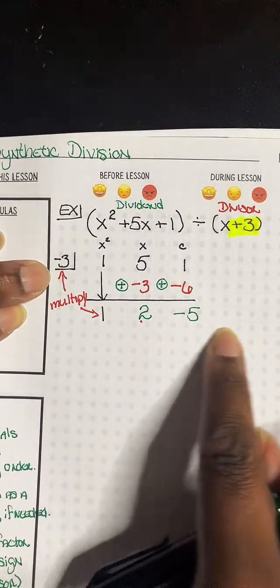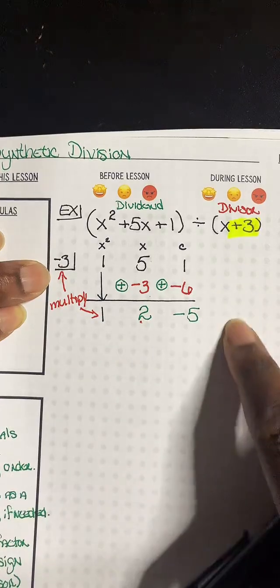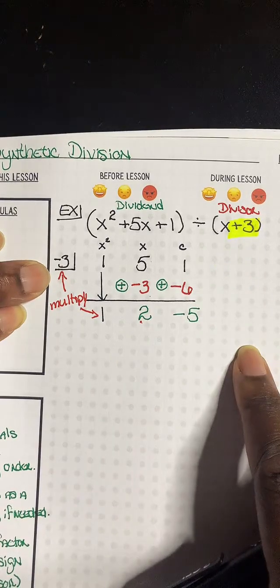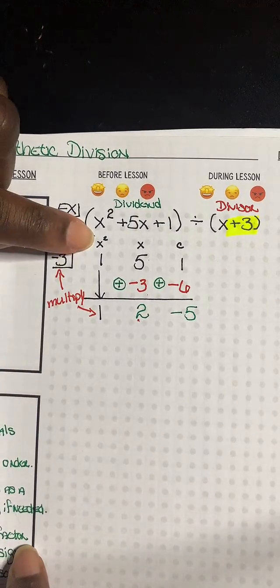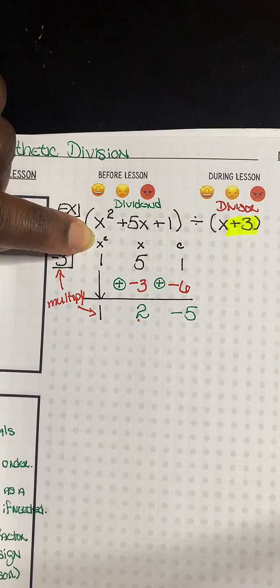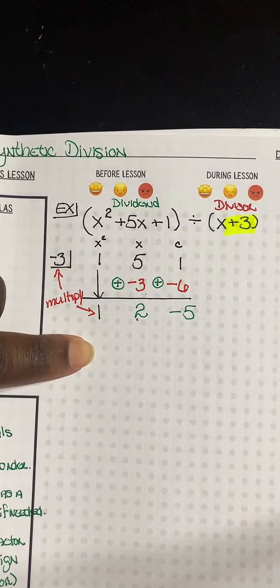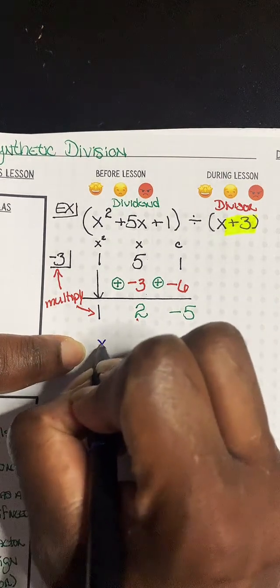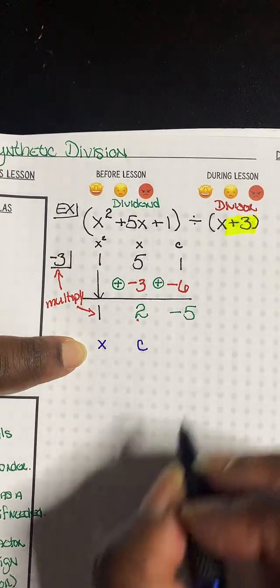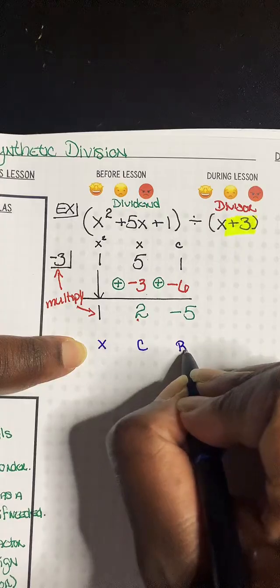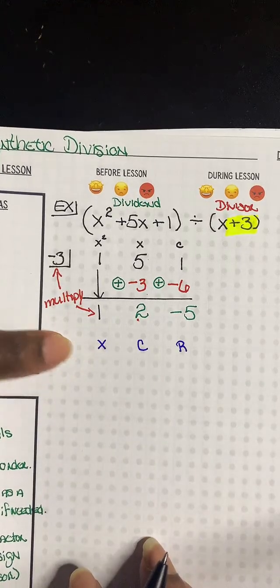So this is basically your answer, because I don't have anything else to bring down. Remember how we started with my highest degree being the second? Well, my answers are always going to be 1 degree less. So my answer here is going to have an x, this is going to be my constant, and this is going to be my remainder.